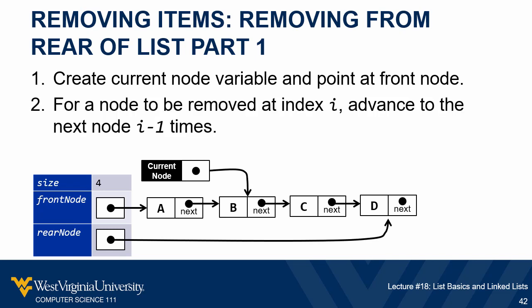And here, again, we're going to advance index minus 1 times. So I'm trying to get rid of the node with index 3, the one at the rear. So I'm going to advance 3 minus 1, or 2 times. So when I'm done advancing here, current node should be pointing at the node immediately before the one I want to remove. In this case, it's pointing at C.